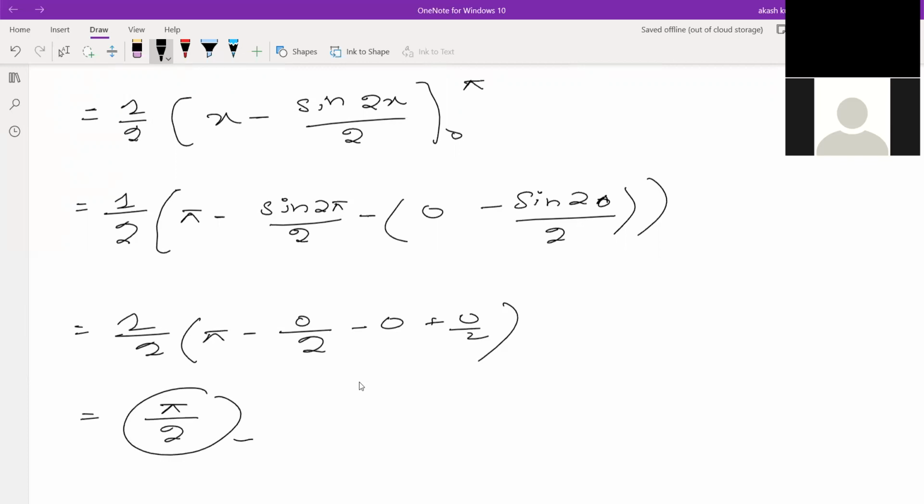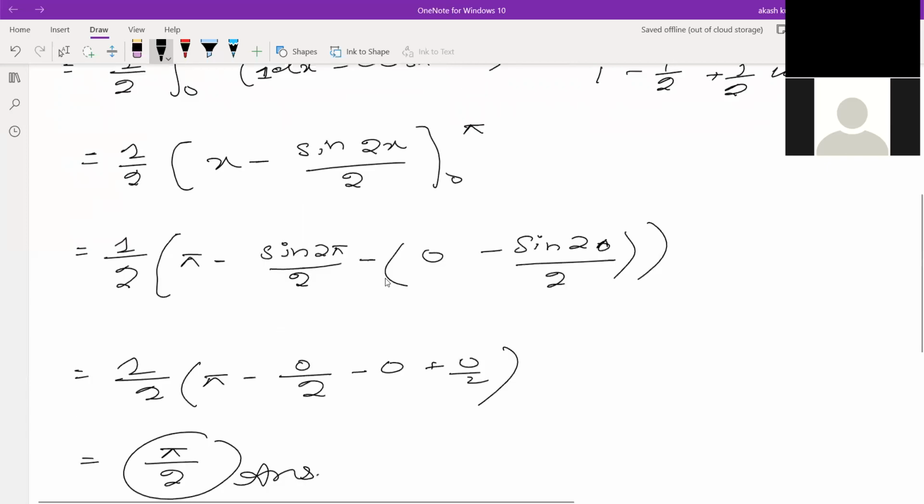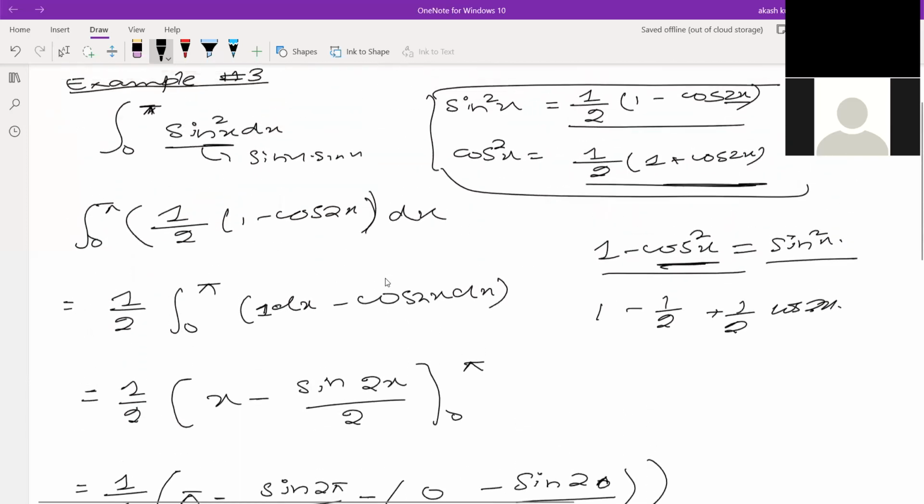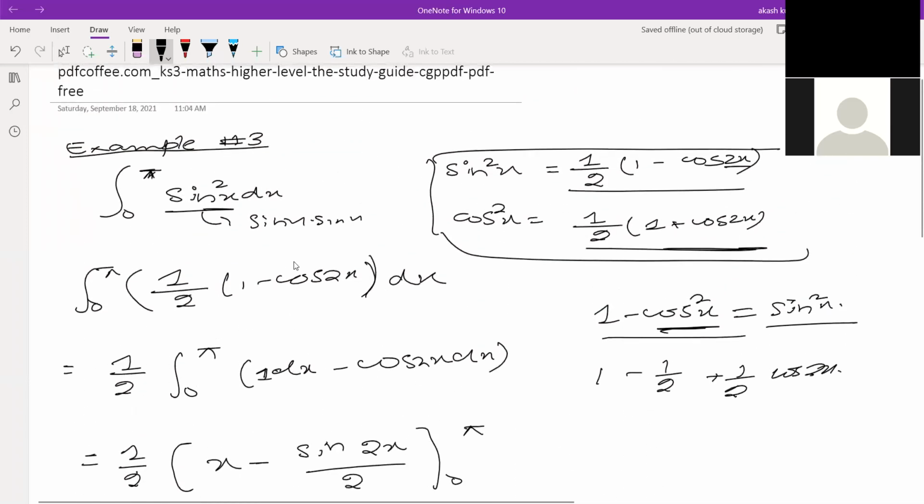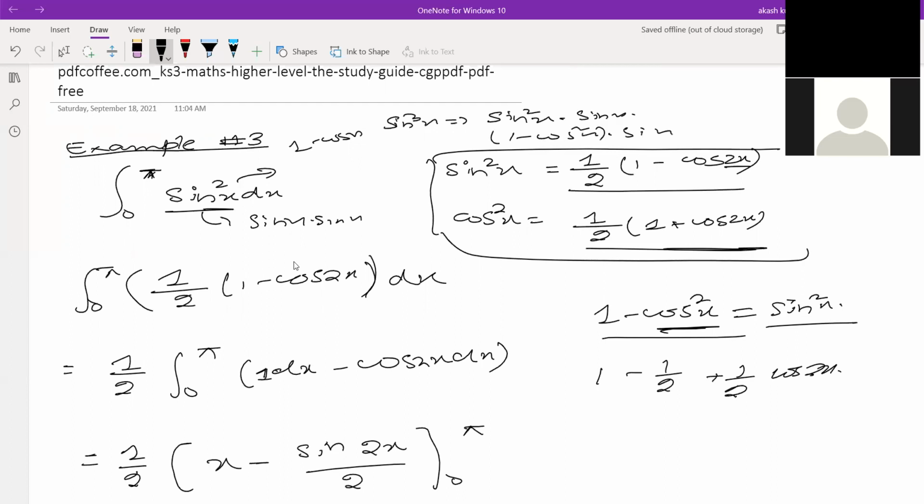Is it clear? Yes. Okay. And the question of why I didn't use 1 minus cos square x: if I had sine cube x, then it would be easier to divide it into sine square x times sine x, and then apply 1 minus cos square x.